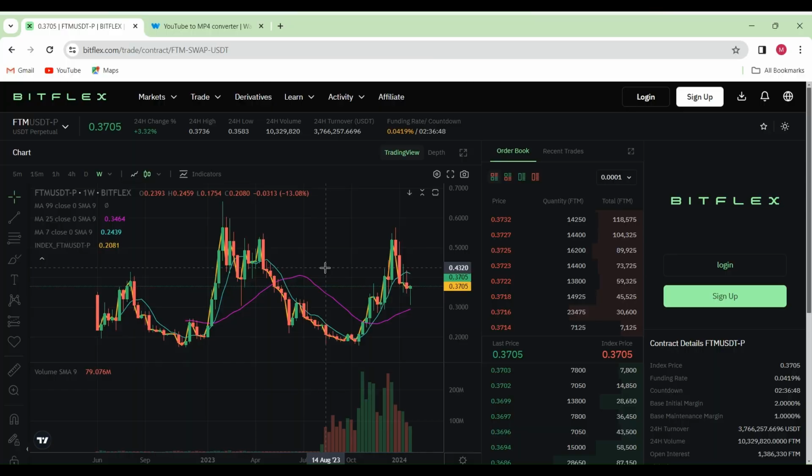Alright guys, so this is what I usually do in order for me to set the charts up in a way that is a lot easier and more manageable for me to look for my areas of entry and also areas where I'm looking to take my profit and also potential stop losses if the trade is going against me.